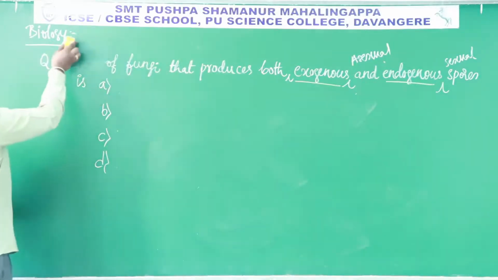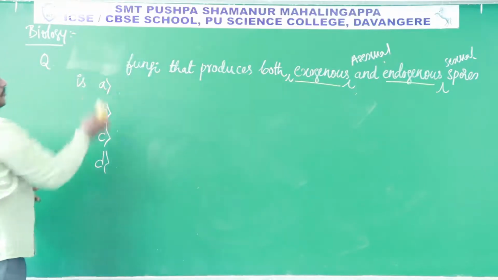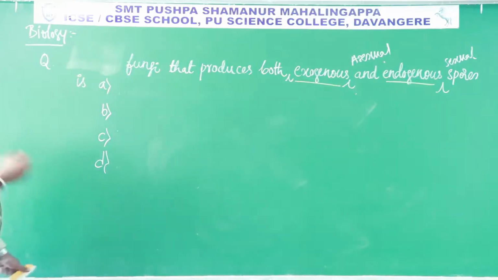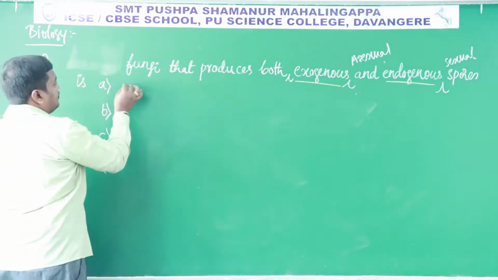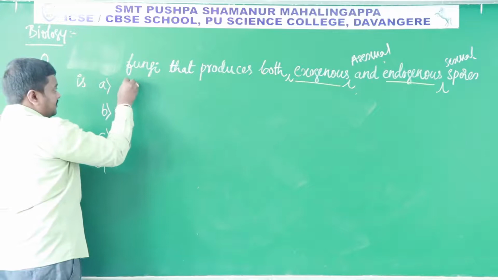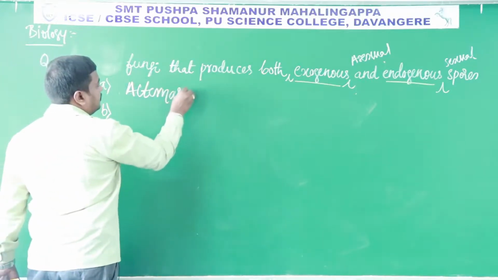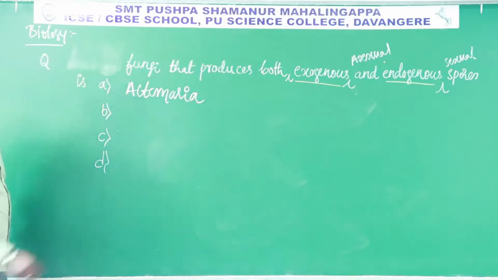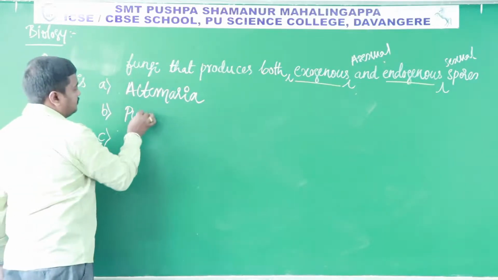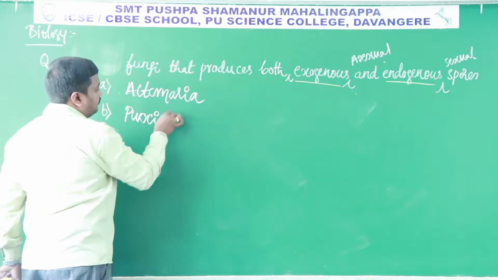So the class of fungi that produces both exogenous asexual and endogenous sexual spores is, let me write, Alternaria, Puccinia, Penicillium, then Rhizopus.